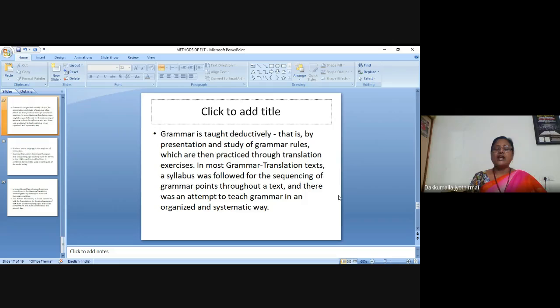In most grammar translation texts, a syllabus was followed for the sequencing of grammar points, and there was an attempt to teach grammar in an organized and systematic way.